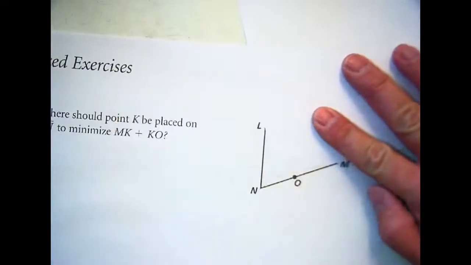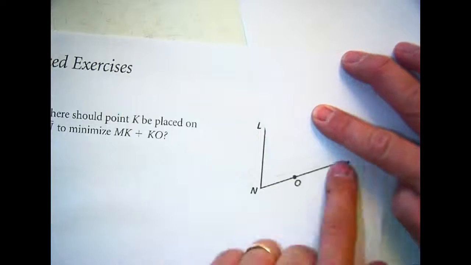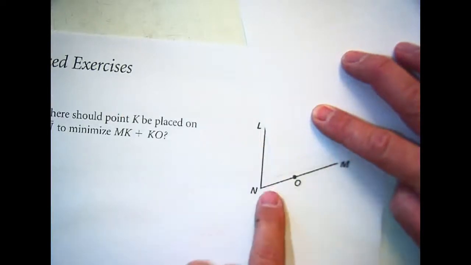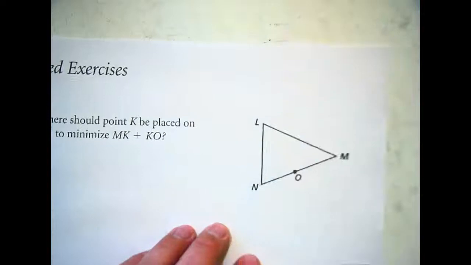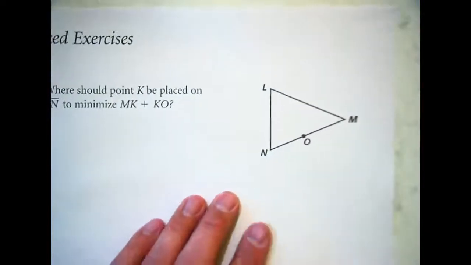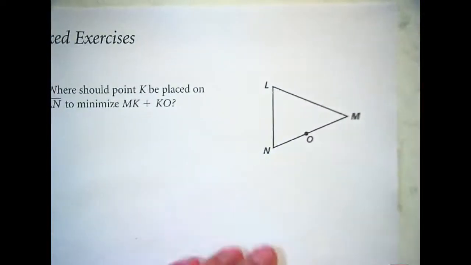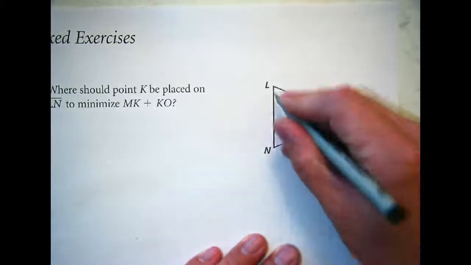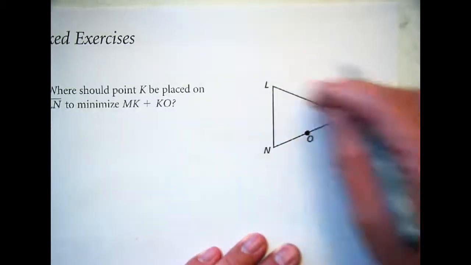See what I'm talking about? Now I'm just going from M to somewhere over here, out to O. Maybe ignore these other sides. If you're able to do that, that might help out a bit. Just think of them as points. So you want to go from this point to some other point on this line to that point. These sides don't matter.